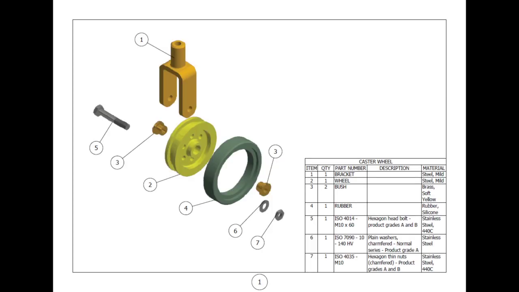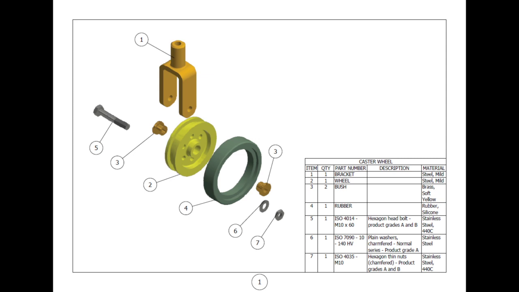Next, this is our exploded drawing. The exploded drawing shows the parts exploded, with numbers that we call balloons. We'll come to these items next. Then numbers 1, 2, 3, 4, we have numbered these parts.